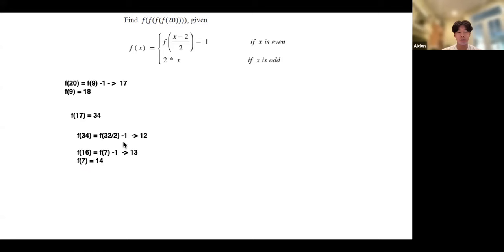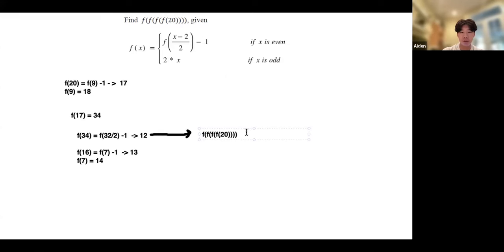So we find f of 34 is 12. And then once we find that, I'll draw an arrow. We can find f of f of f of f of 20, which is the question at the top.